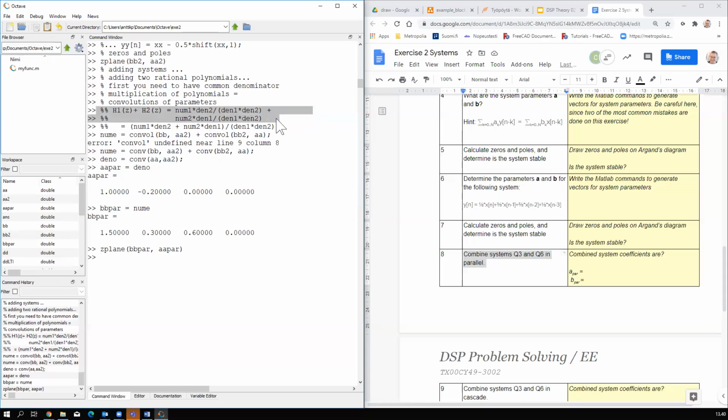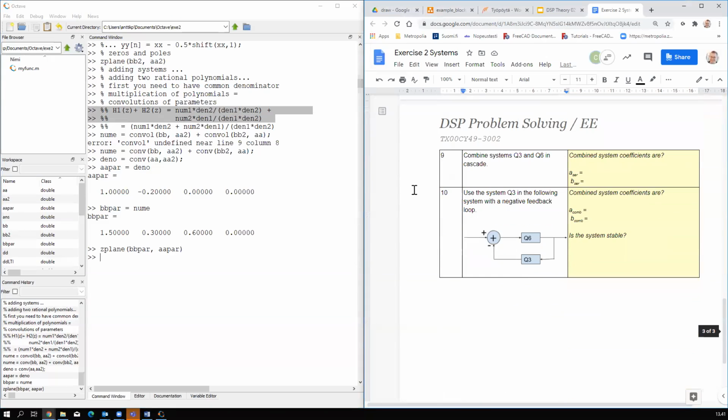So simply you just need to have a common denominator, meaning that you multiply the first transfer function H1(z) with denominator 2 divided by denominator 2, and vice versa for the second transfer function. And the total transfer function parameters, Octave does the rest. It's just like that.